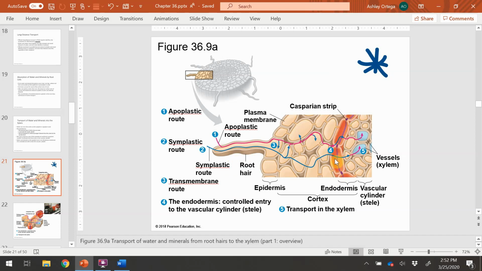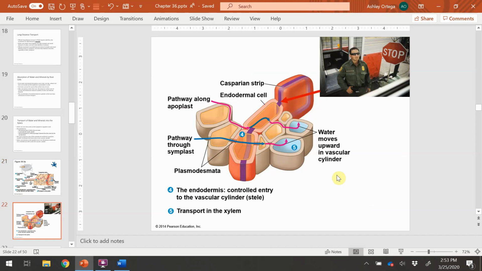This is our border control point, if you will, for things going into the very important vascular tissue, which is the xylem and the phloem. For water and minerals, that'll be the xylem. And so here at our border control point, the endodermis, there is going to be a ring of cells.